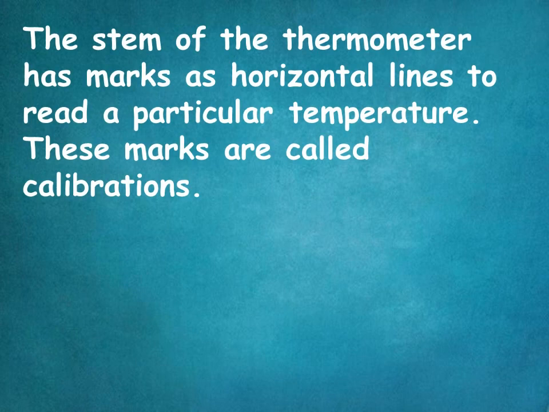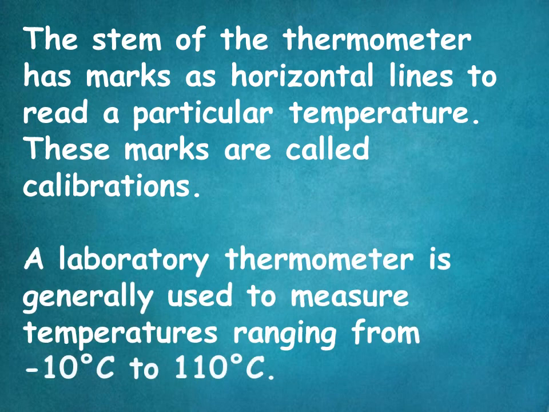The stem of the thermometer has marks as horizontal lines to read a particular temperature. These marks are called calibrations. A laboratory thermometer is generally used to measure temperatures ranging from minus 10 degrees Celsius to 110 degrees Celsius.